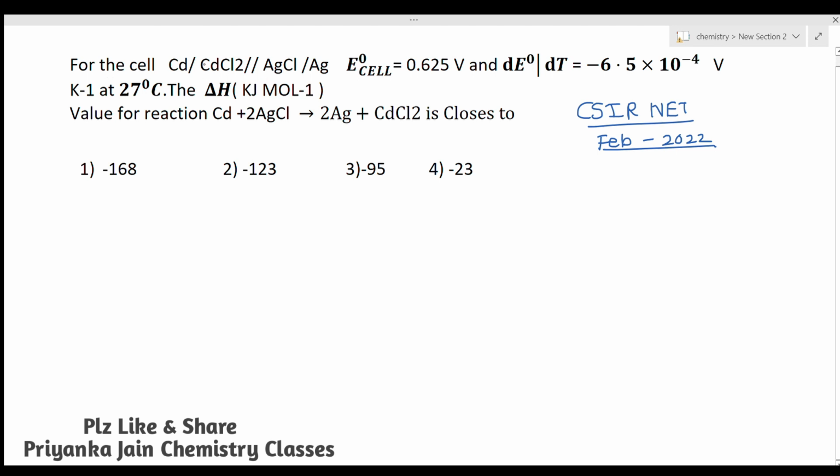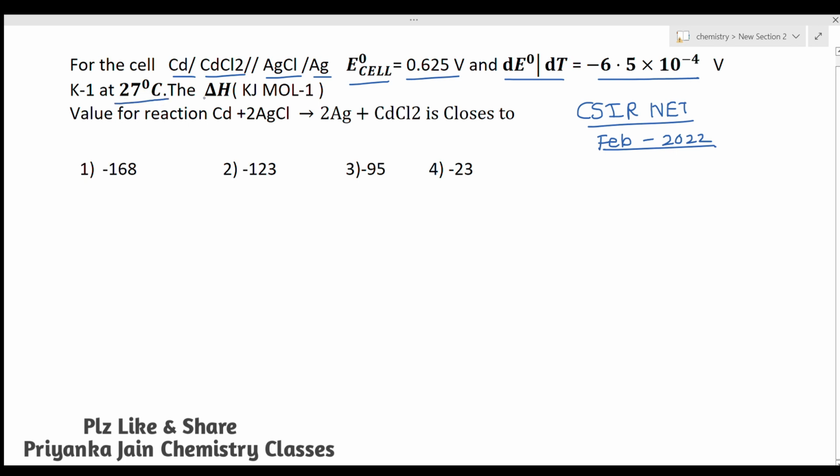For the cell, we are given a cell Cd | CdCl2 | AgCl | Ag. For this cell, E naught of the cell is equal to 0.625 volts, and dE naught upon dT is equal to minus 6.5 into 10 to the power minus 4 volts per Kelvin at 27 degrees centigrade.